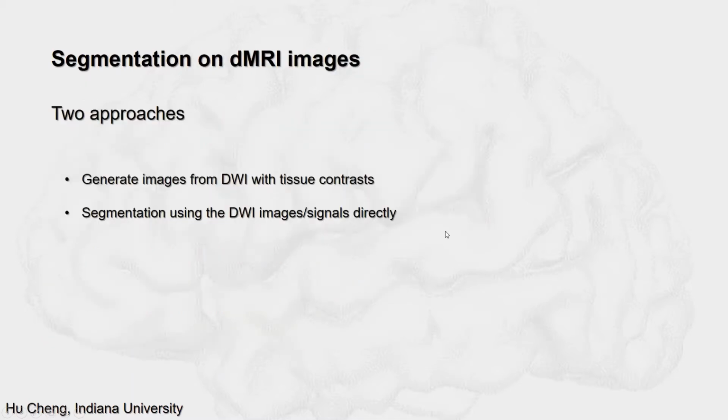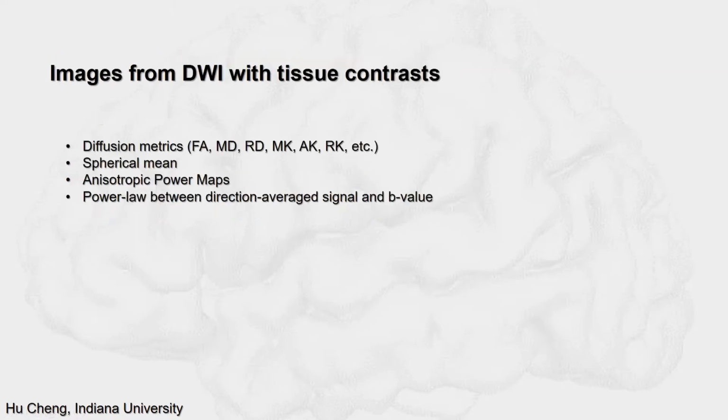Roughly speaking, there are mainly two approaches for segmentation on dMRI images: either by generating images from DWI with tissue contrasts, or using the DWI images or signals directly. There are many ways to generate images with tissue contrast from dMRI data.